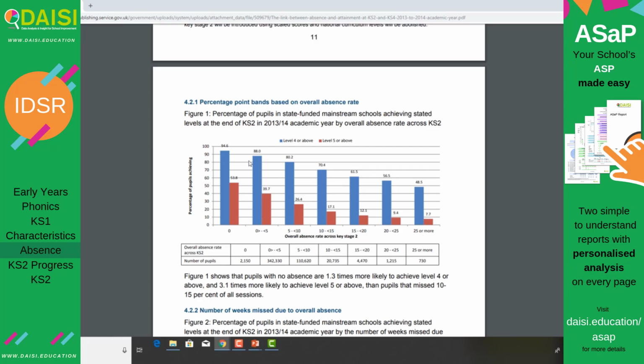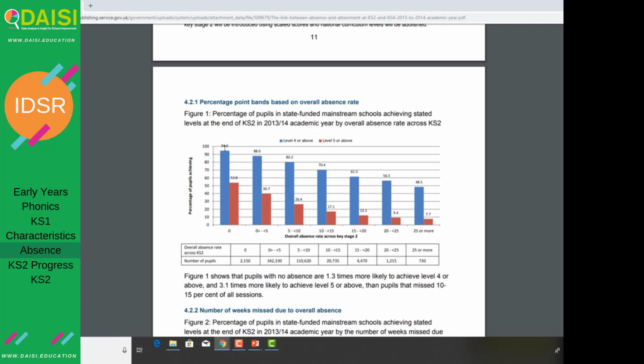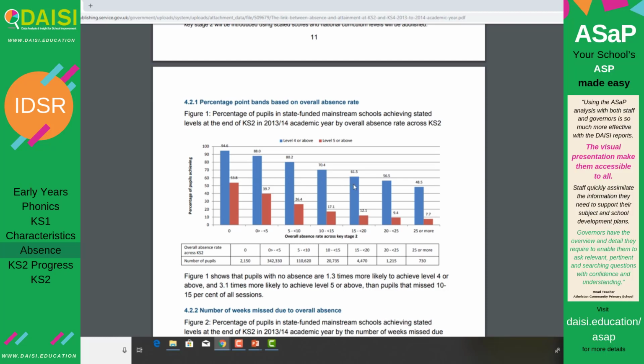And you can see for Key Stage 2, in the old level 4, the expected standard, if you miss 0 sessions, then you have a 94% chance of reaching level 4. But for each 5% or up to 5% difference, then we're looking at about a 6-7%, maybe even an 8% difference in attainment. And the same is especially the case at level 5.